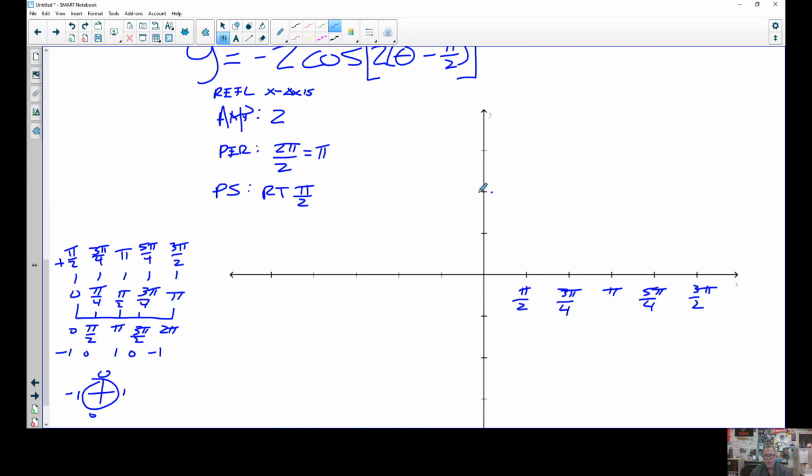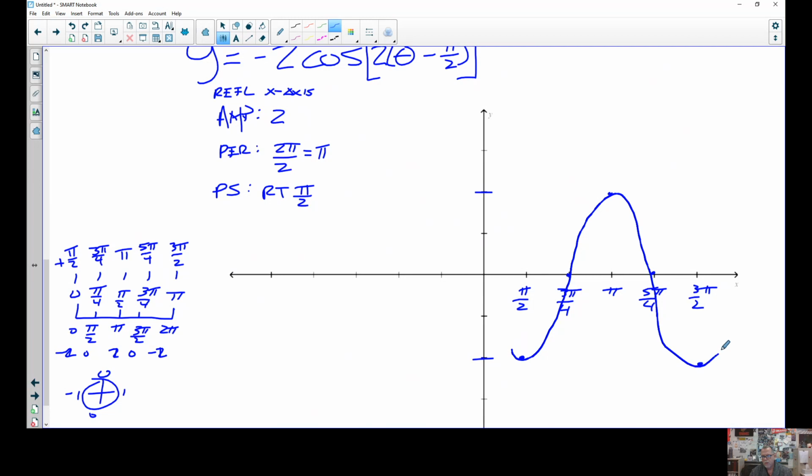I'm going to be going as high as 2, as low as negative 2. So you could have actually multiplied all these right off the bat, made this negative 2, 0, 2, negative 2 if you wanted to. So I'm going to start at negative 2 and at pi over 2, right? Negative 2, then 0, then 2, then 0, then back to negative 2. So again, this little worksheet here that you're making for yourself over on the side can make this a lot easier.